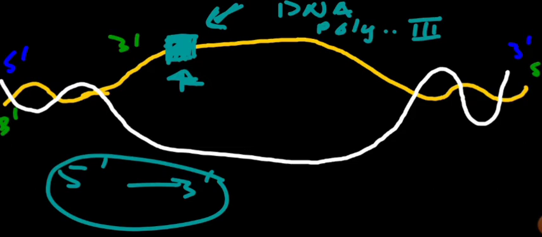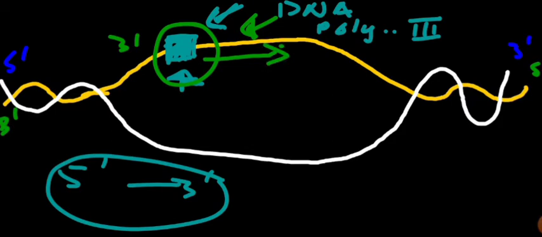So it's going to come, and when it comes, it's going to recognize that primer there, or that short sequence of RNA. When it attaches there at the primer, it will start moving. This primer is formed by an enzyme called what? Primase.